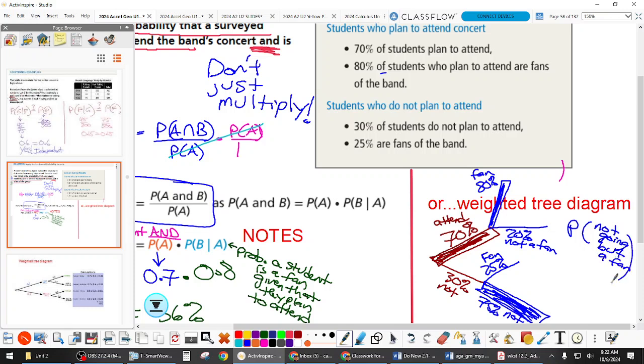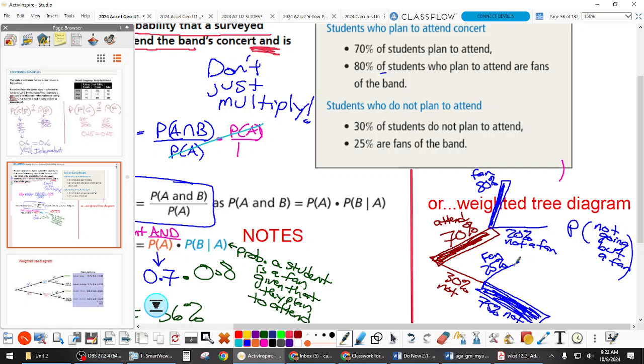How would that look? Not going, but still is a fan. So 30 times 25, which is 7.5. Okay? So in other words, it's not very likely that they wouldn't go if they're not a fan. That's kind of what that would tell us.